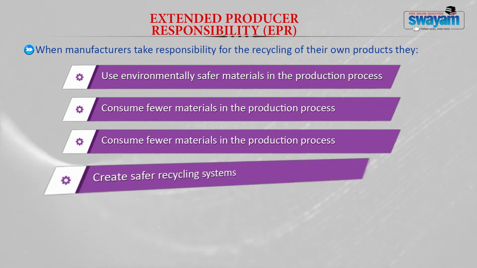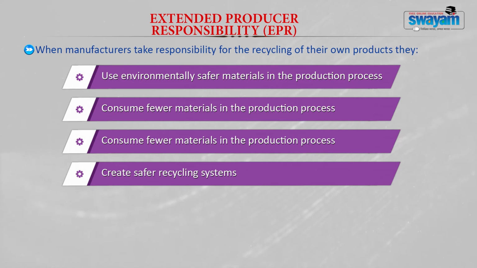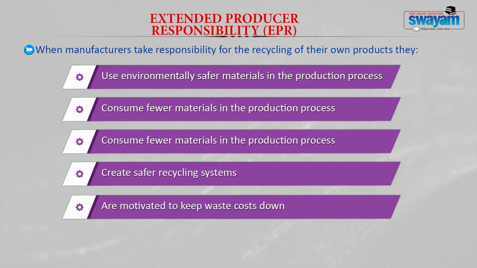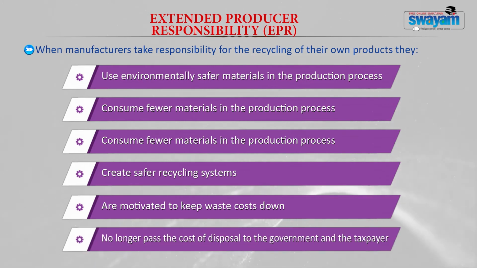Further, they should create a safer recycling system. Also, they are motivated to keep the waste cost down. Now, no longer the government or the taxpayer is responsible for the cost of disposal. Now, the PRO ensures that the cost of disposal is borne by the manufacturer.